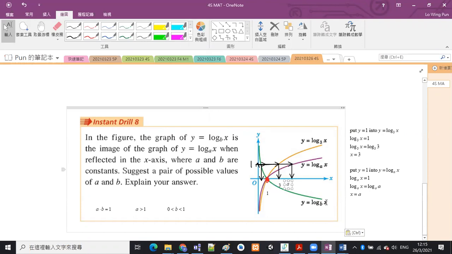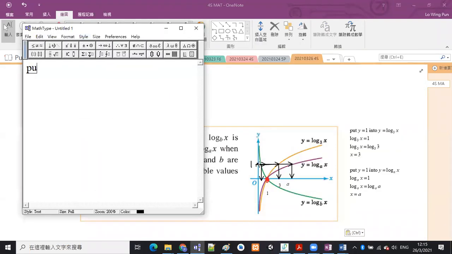Green line. When I put y equals 1 into the graph of y equals log x base b, okay, then we get log x base b equals 1. And I'm going to change the 1 to be log b base b. And then x is equal to b.